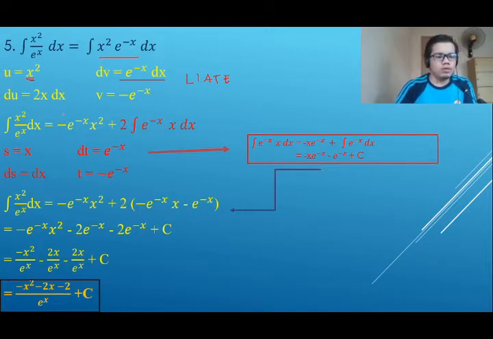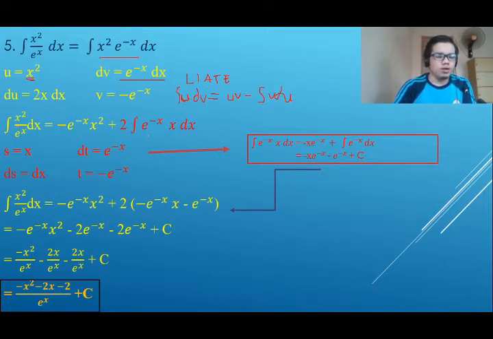Now as we proceed, we remember that the formula for integration by parts is the integral of u dv equals uv minus the integral of v du, right?